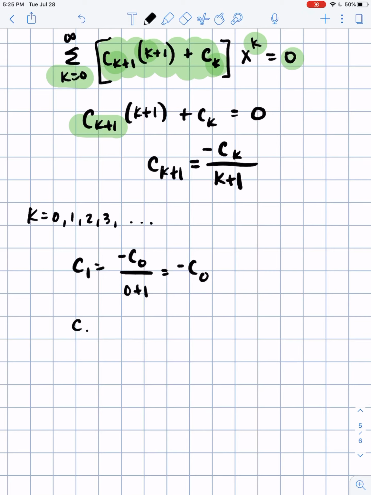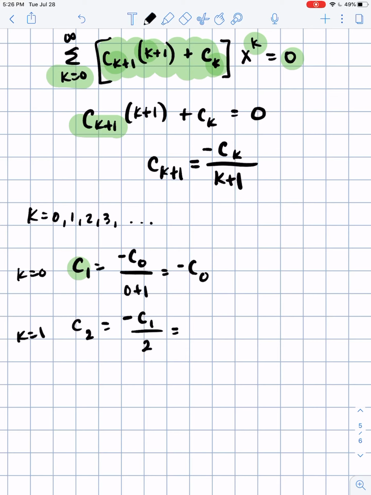If I plug in c sub 1 now, this was when k was 0, this is when k is 1. I'll get c sub 2 equals negative c sub 1 over 2. So that's going to give me negative 1/2 c sub 1, but we already know c sub 1.